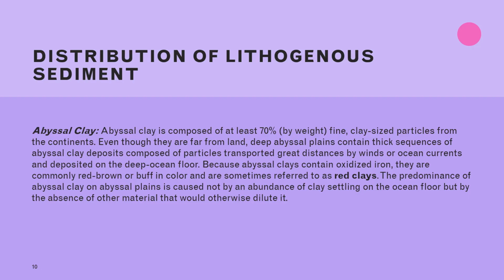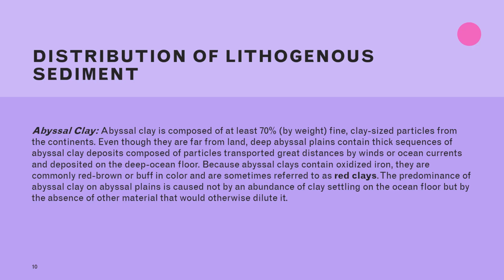So next is abyssal clay. Abyssal clay is composed of at least 70% by weight fine clay-sized particles from the continents. Even though they are far from land, deep abyssal plains contain thick sequences of abyssal clay deposits composed of particles transported great distances by winds or ocean currents and deposited on the deep ocean floor.